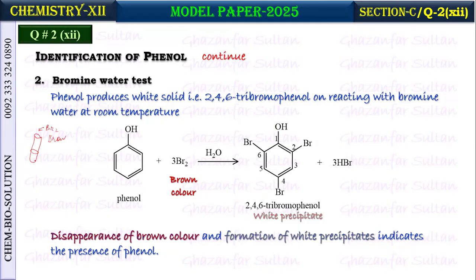This brown color disappears here, and you will observe the white precipitate throughout the test tube, which settles down after a few minutes. So this is the observation that the brown color of bromine disappears while white precipitate appears. So it shows the presence of phenol.